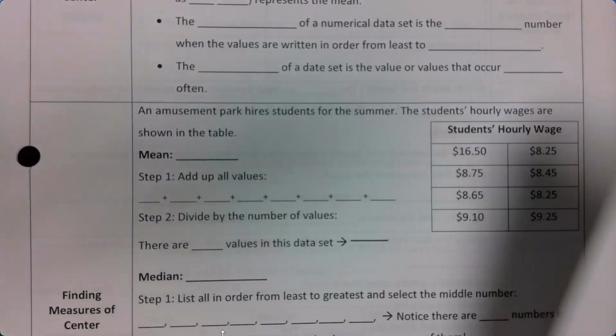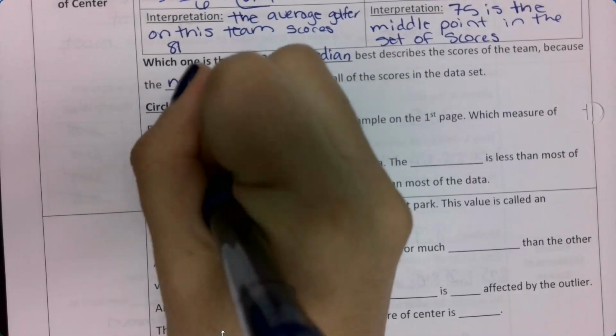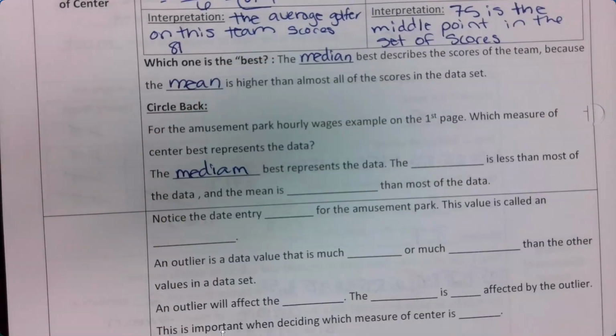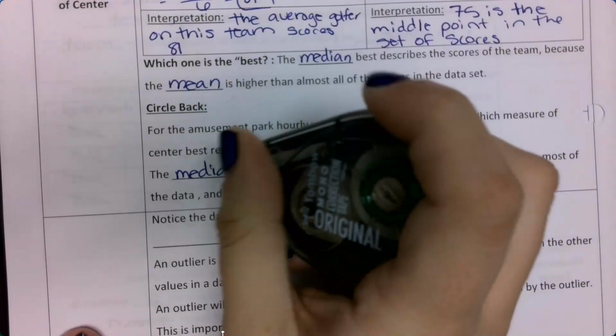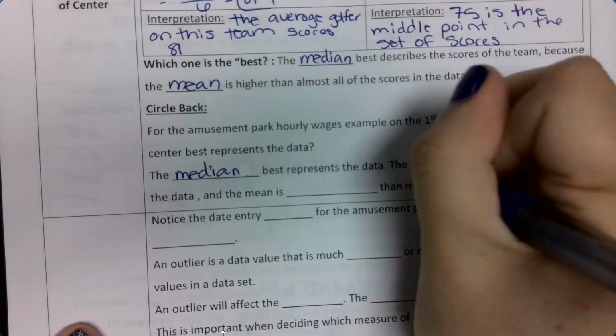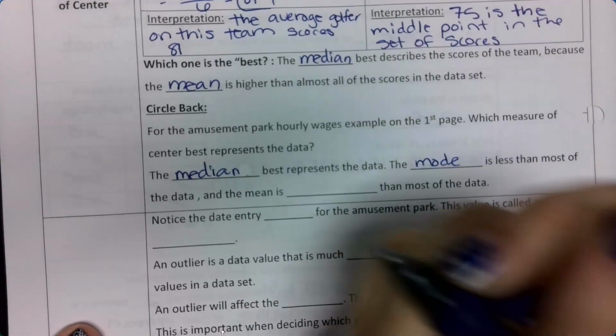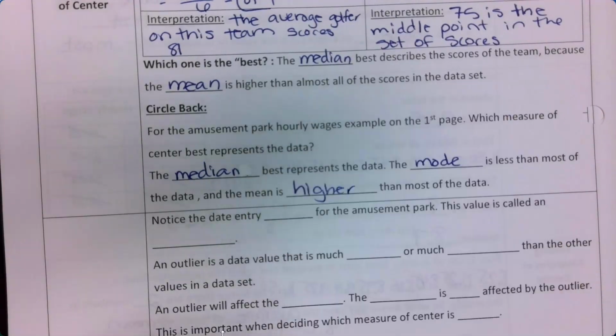So my median is the best representation there again. Oh, I spelled median wrong. Our mode was less than most of the data, and the mean is higher than most of the data. So those weren't good fits.